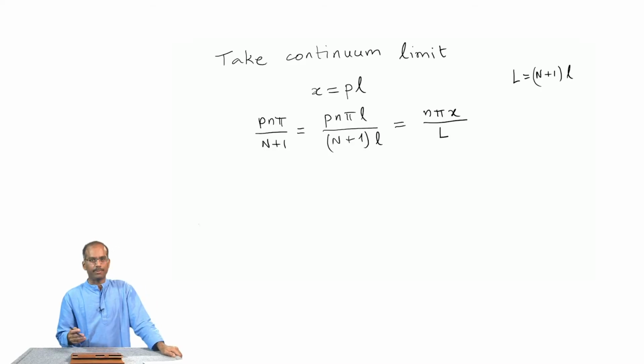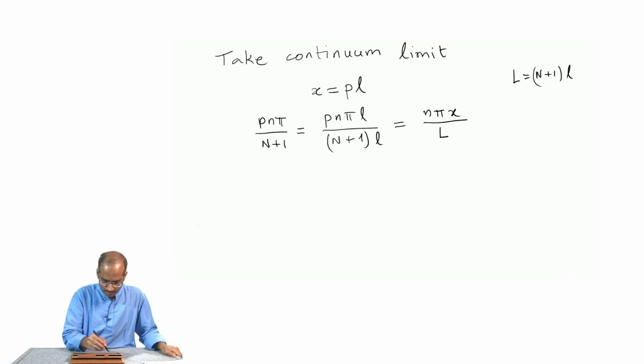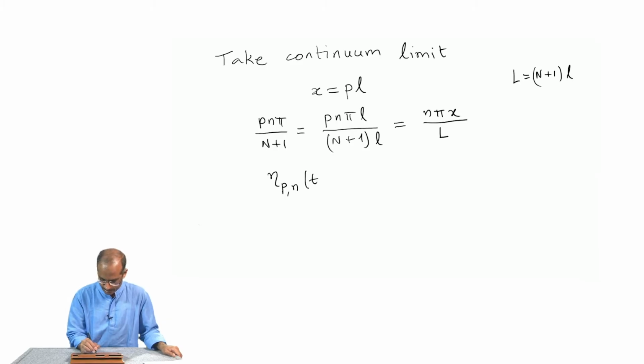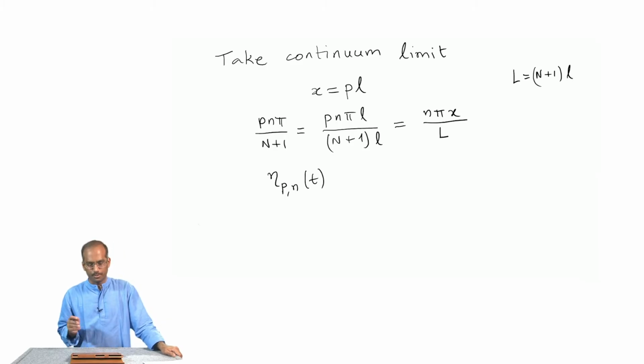Now, I can plug this in my equation, and before I do that, we also make this small change of notation. Eta p n indicates nth normal mode, pth bead, eta as the displacement.